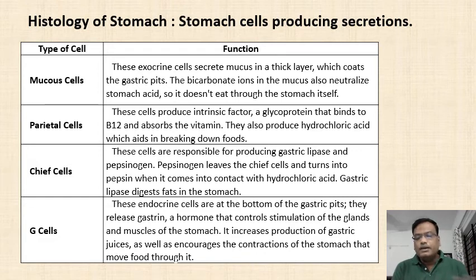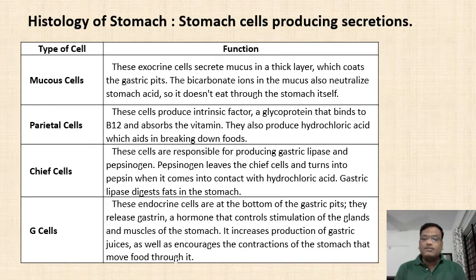You know, the food we consume or the water we drink may contain, or will definitely contain, many kinds of harmful microorganisms like protozoans, bacteria, fungi, etc. And all those pathogens are going to be killed or destroyed by this hydrochloric acid.